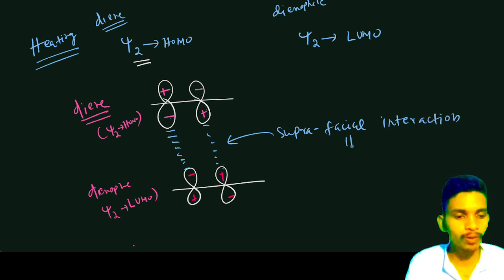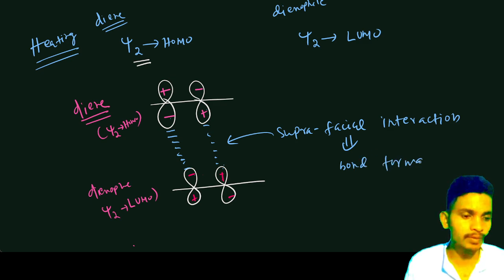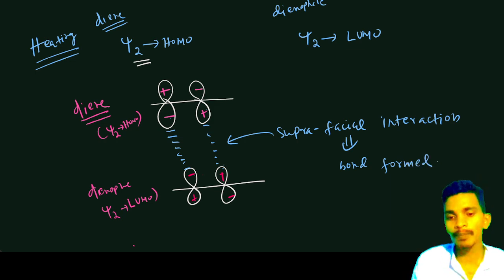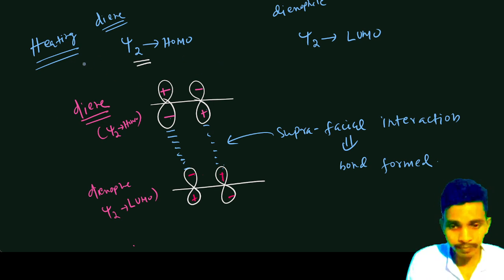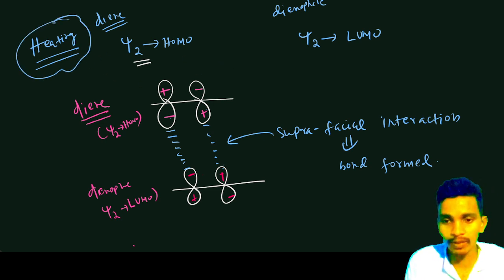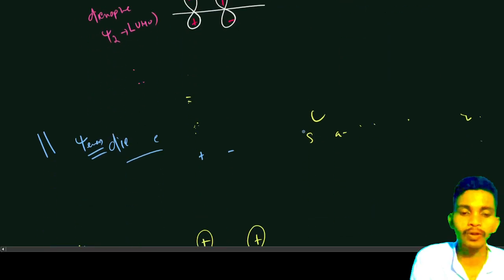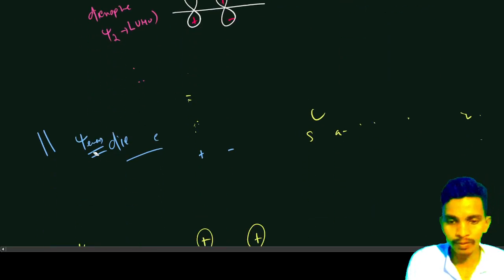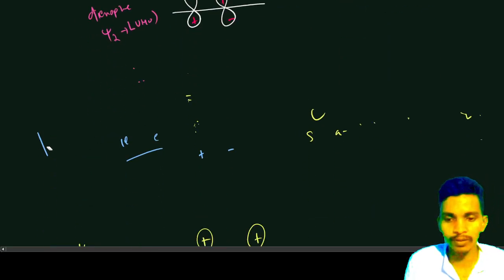It means that bond formation will happen. Okay, so this is the case when both are under heating conditions. Now let's look at the photochemical conditions.